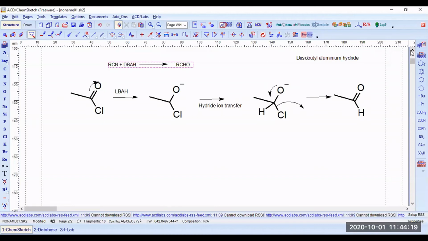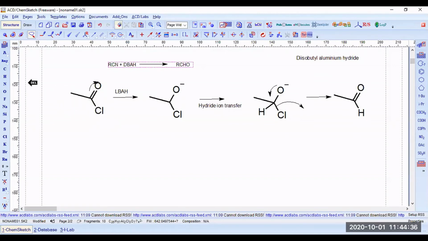And similarly, you can practice it for acetic acid to acetaldehyde preparation. This is acetic acid only. Let us see how you will get acetyl chloride.